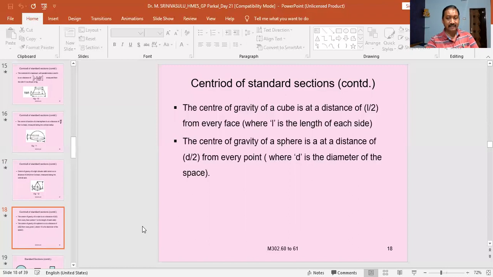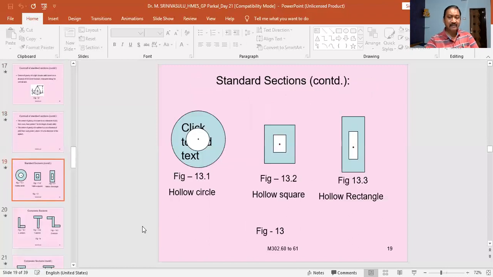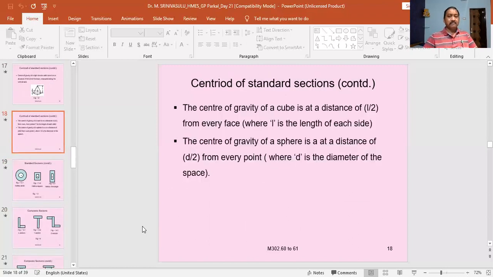And also the sphere. For the sphere also, the center of gravity will be lying at the midpoint.